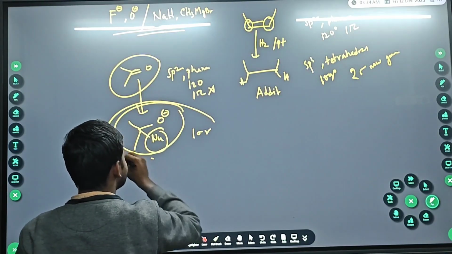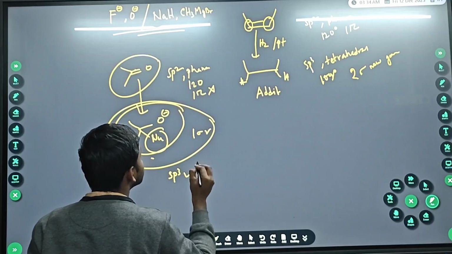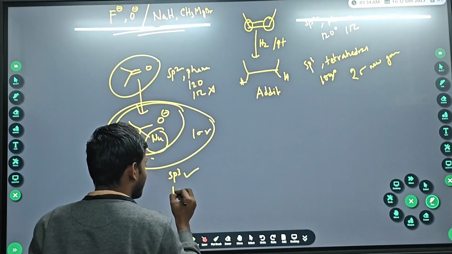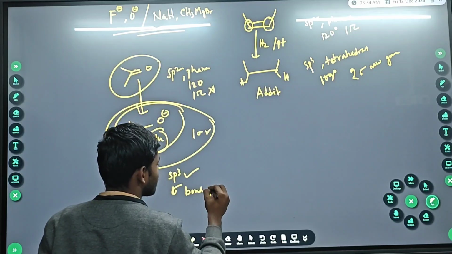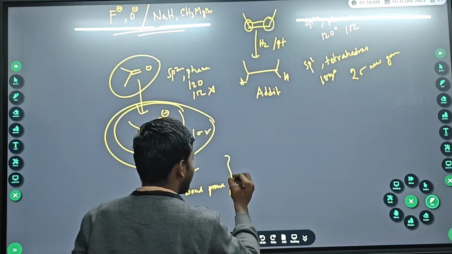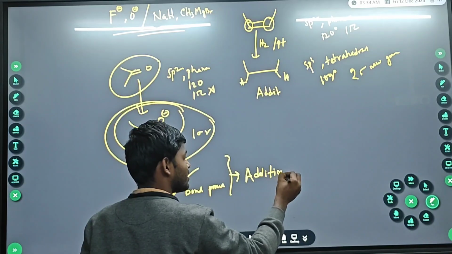These are the unique features. The unique feature is that an sp3 carbon will be produced, with a sigma bond produced. These are the addition reaction features.